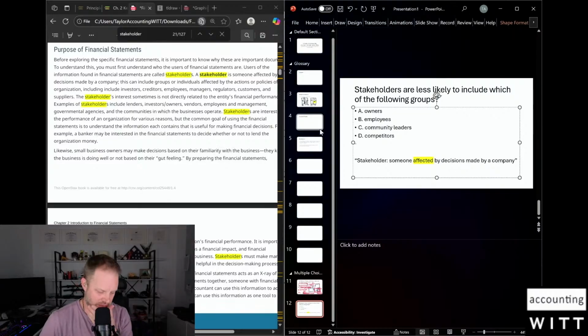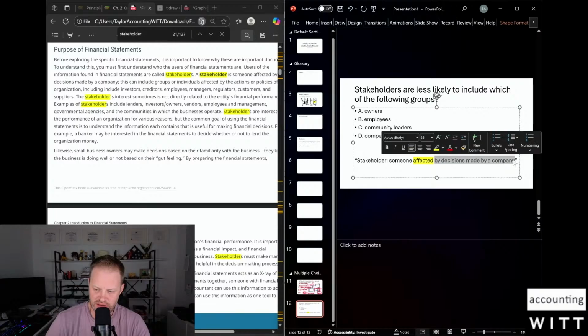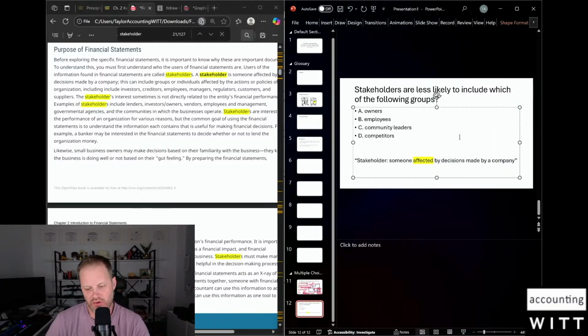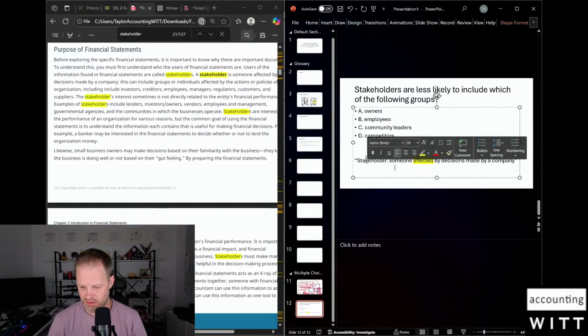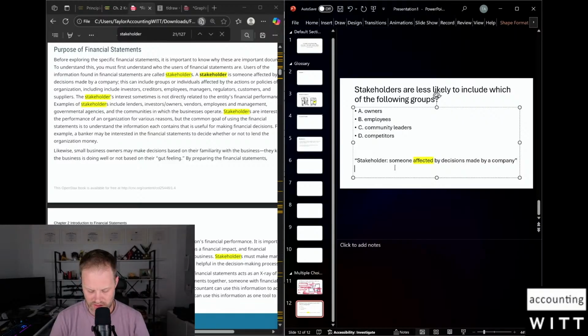If you're going to think about it as this connection between decisions made by the company for the benefit of the stakeholders, I'm going to say that. So through the lens of decisions made by the company for the benefit of stakeholders.